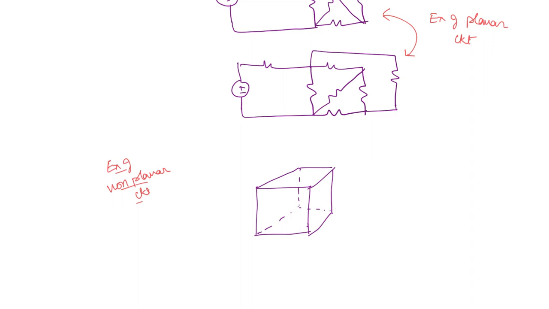Okay, now if you take a diagonal element, that means you connect a circuit element from one end of the diagonal to the other, then what is going to happen? Can you draw this element in a two-dimensional format? Never. This element is always going to cross over another element whenever you try to draw it in a two-dimensional plane, right? So this is one example of a non-planar circuit.